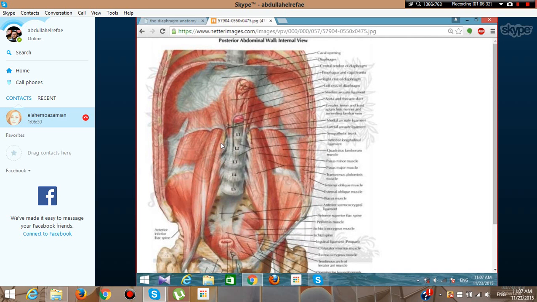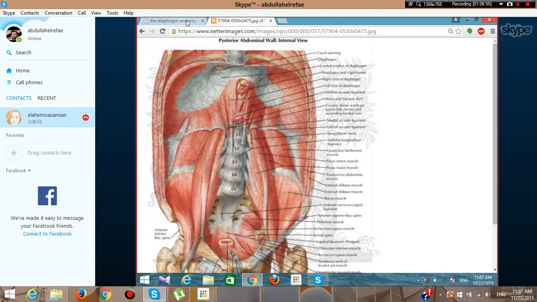Psoas major. Yes. What about lateral arcuate ligament? Quadratus lumborum. So what are these ligaments? They're the thickening of the fascia which covers psoas major and quadratus lumborum. So here we have two arches, medial and lateral arcuate ligament.